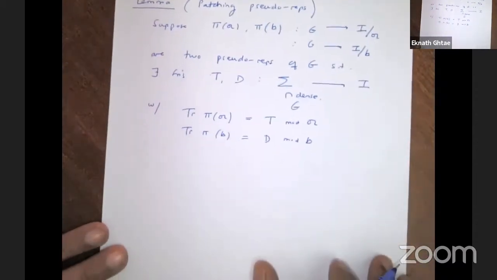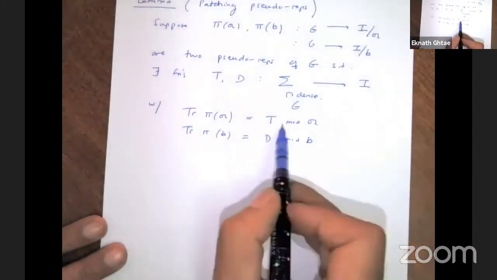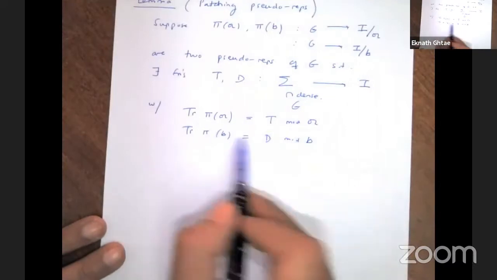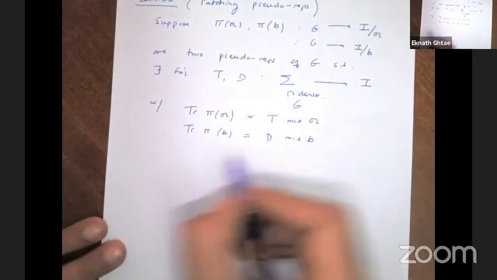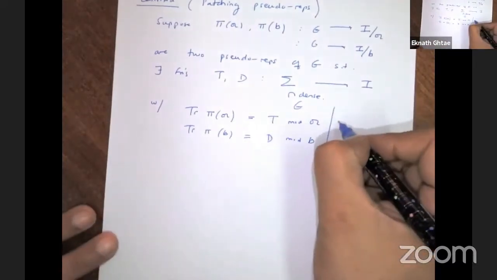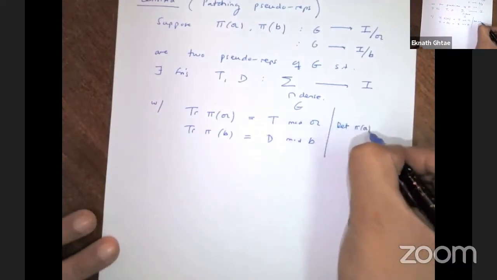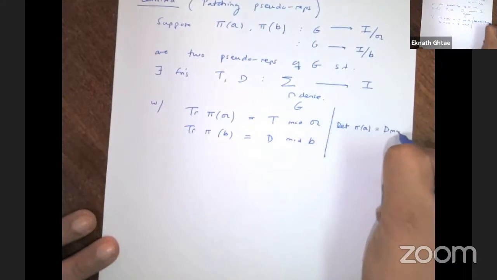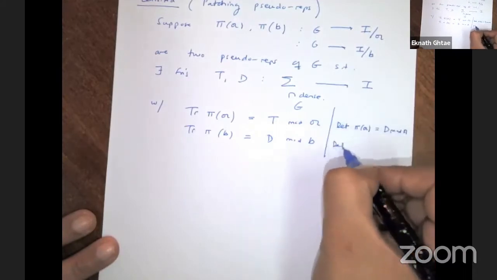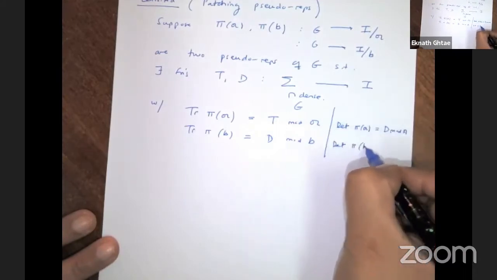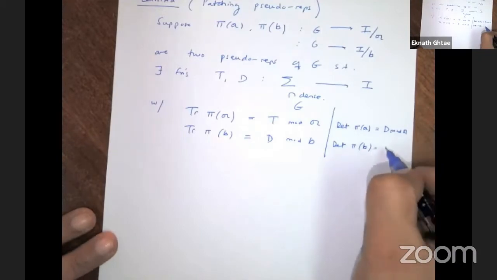Okay, suppose this is true. So T is I valued, but T mod A is I mod A valued. And similarly for the determinant, I'll write them for completeness. The determinant of pi of A is D mod A, and the determinant of pi of B is D mod B. This is what this is saying: they're compatible, these two pseudo representations.